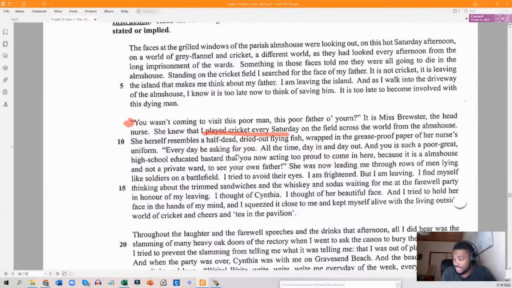We see here that even Miss Brewster is calling him an ungrateful bastard, basically. He's too proud to come in here. He has too much pride because he's straddling two worlds, which means even though his father is in the almshouse, he's in the big league now, playing cricket, rolling with the rich kids. And so he's ungrateful.